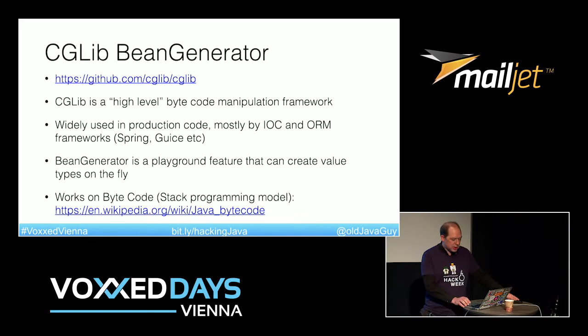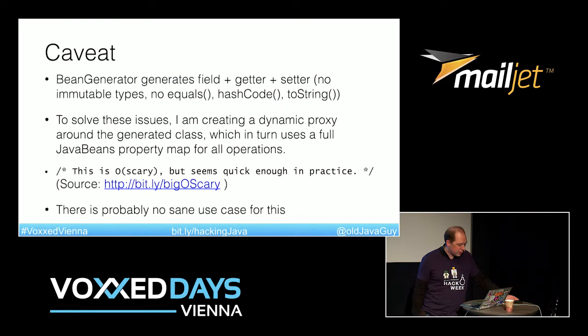And so it's really not production ready. So it only generates field getter and setter, no equals and hash code, etc. And I actually tried looking at the API and wanted to implement it myself, but once you're interacting with bytecode, it's stack programming, and stack programming is not a model that's for everyone.